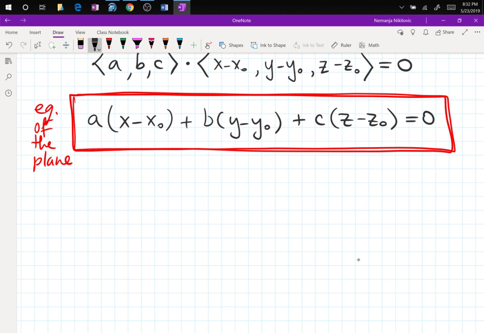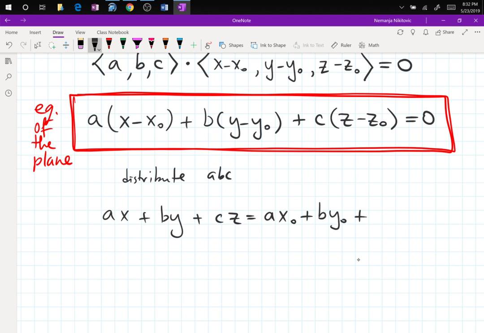Kick that to the right side and call it all D. So if I distribute A, B, C, I will get Ax plus By plus Cz equal to Ax0 plus By0 plus Cz0.